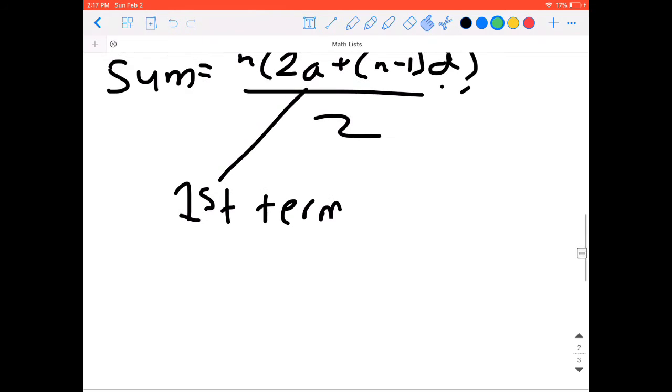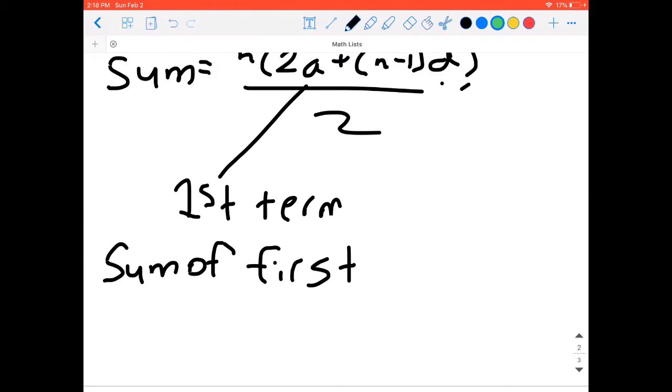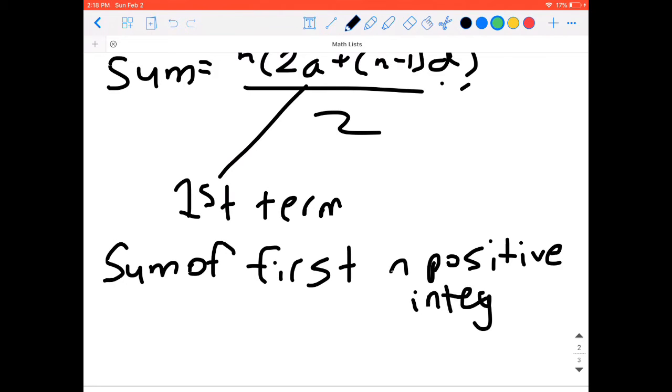And with this formula, we can write the sum of the first n positive integers, which we find is n times (n plus 1) over 2.